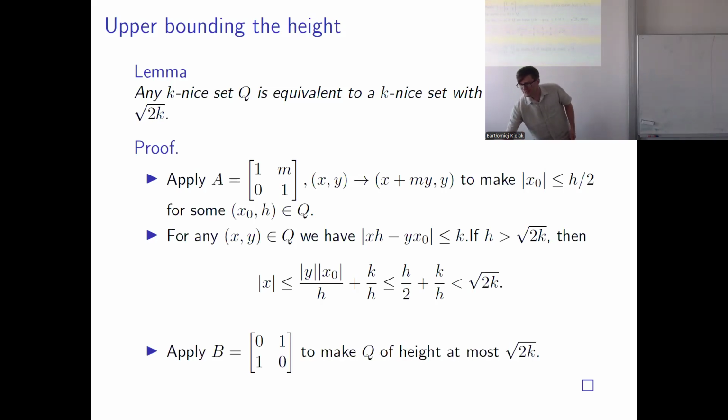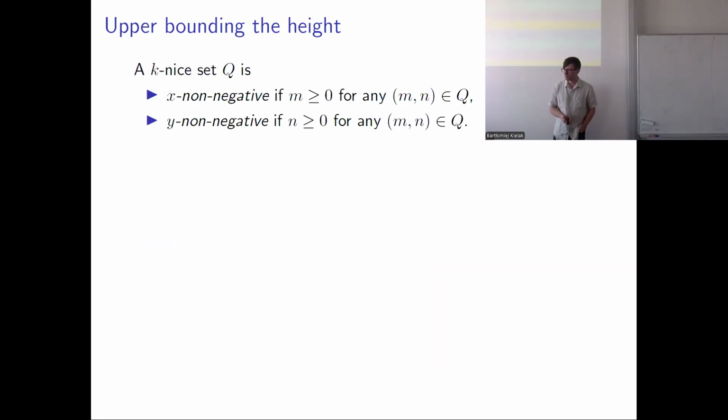But if I have a set which is narrow, then I can just flip the coordinates to make it of low height instead. Of course, it can be achieved by some unimodular matrix. So that's the proof.